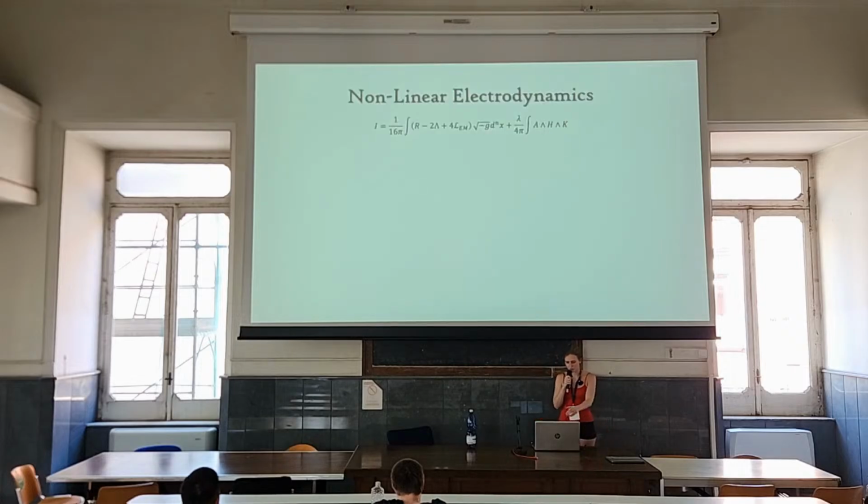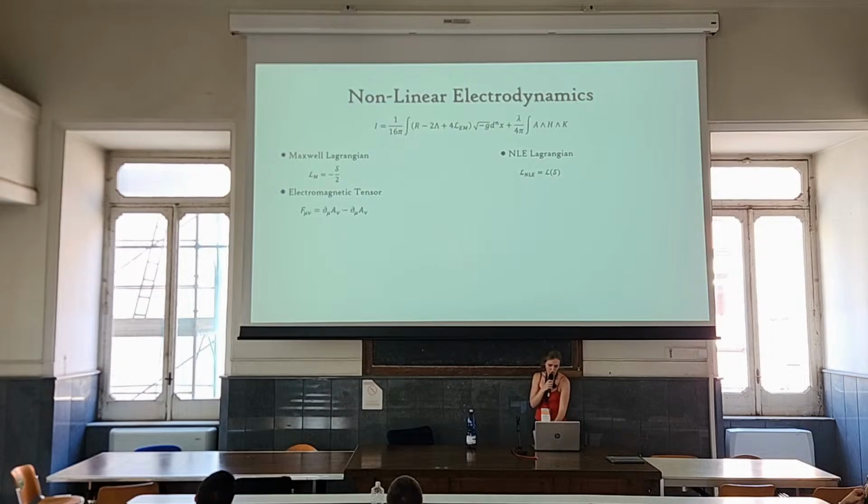So again, we can see the action and here's the Lagrangian for the electromagnetic field, and we use the standard Maxwell Lagrangian for the BTZ. But now we can try to replace it with the Lagrangian of some nonlinear electrodynamics. So instead of the Maxwell Lagrangian, let's take some arbitrary function of our invariant S. Then instead of the standard electromagnetic tensor, which would look like this in the Maxwell case, we will use this D mu nu, which will be relevant.